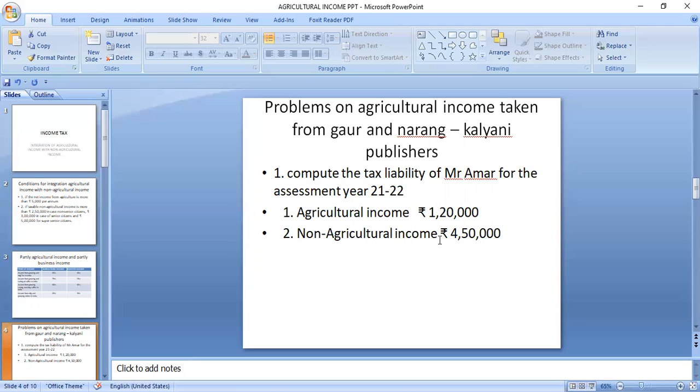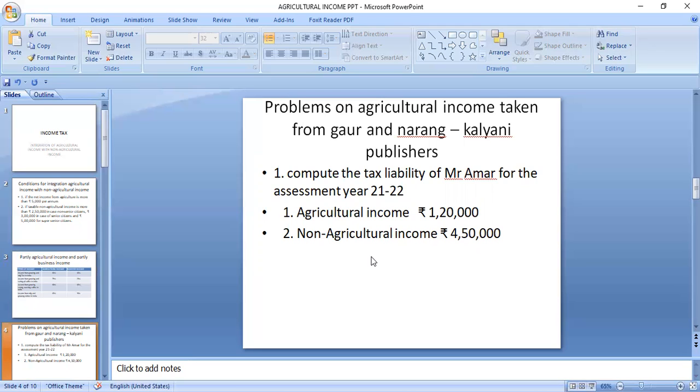Mr. Amar's age is not given, so you have to assume he is a non-senior citizen, less than 60 years of age. So both conditions are satisfied, then we can club, we can integrate agriculture income and non-agriculture income.